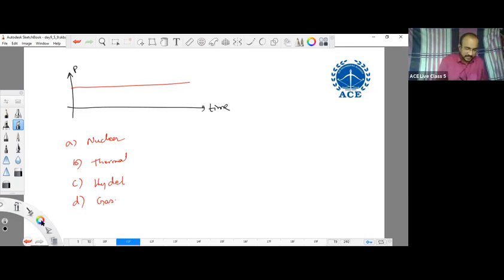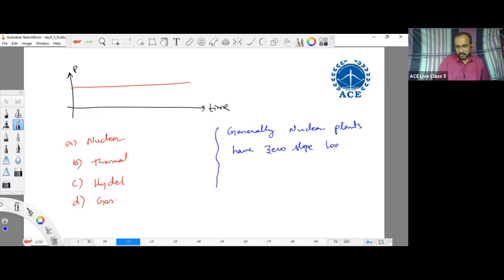Okay, generally nuclear plants have a zero slope load curve because controlling the nuclear reaction is difficult.